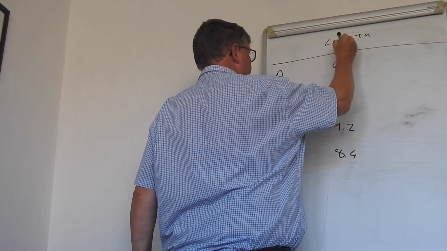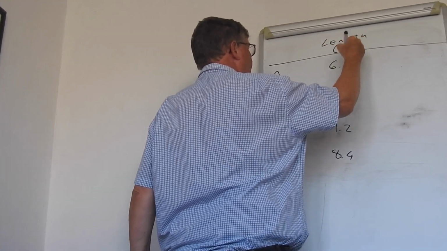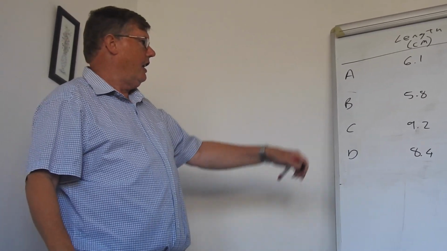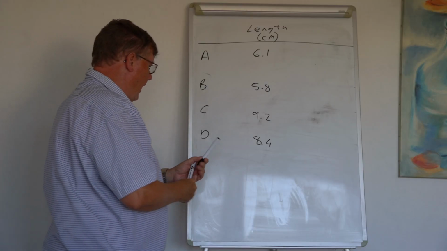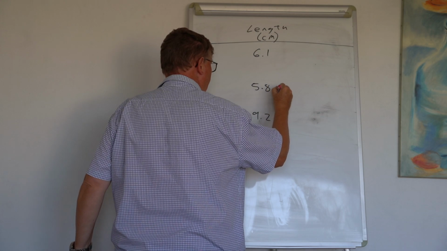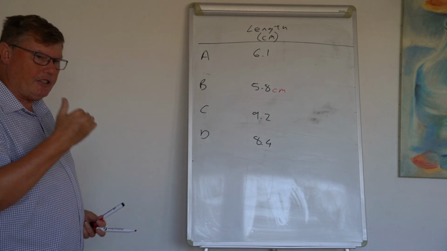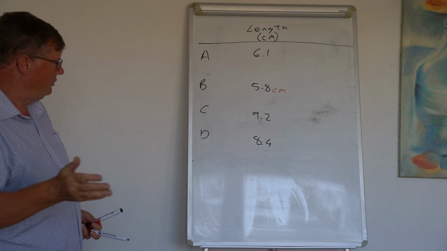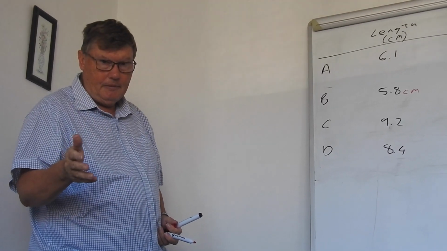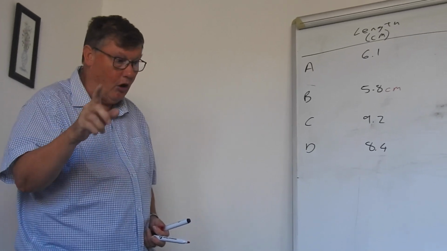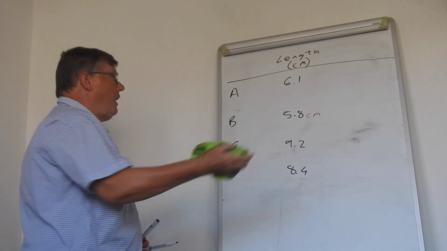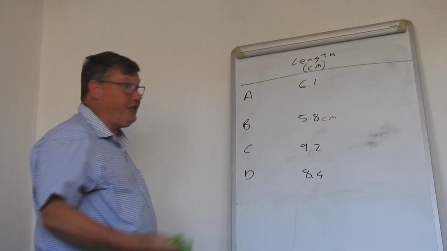You're supposed to put it in brackets, length, centimetres, and if you did write cm in the box, you'd be told that's a terrible waste of time. But there's a reason for this. It's not just because it's a waste of time. It's because it's wrong. From now on, we aren't doing things with brackets.